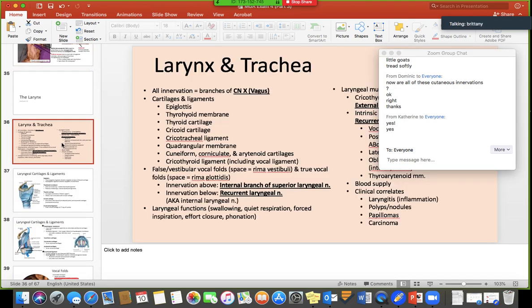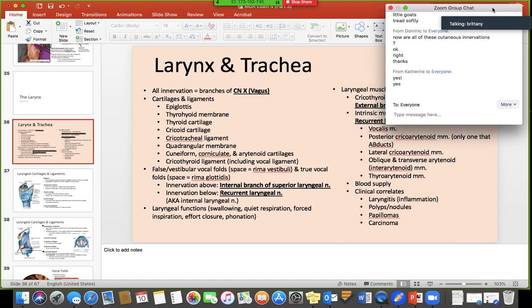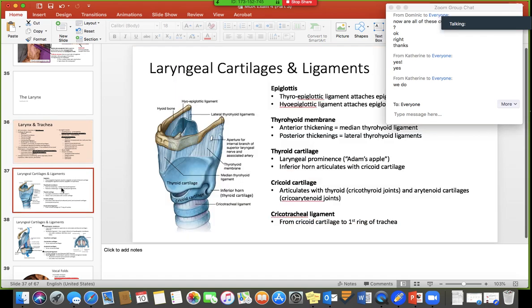All right. Okay, so the larynx. Do you guys have a larynx model there in the lab? Yes, no? Yeah, okay. Study that thing. The larynx, it's not that bad.